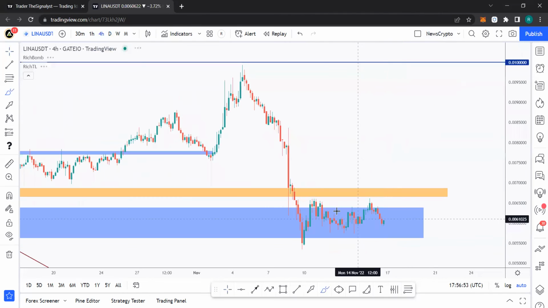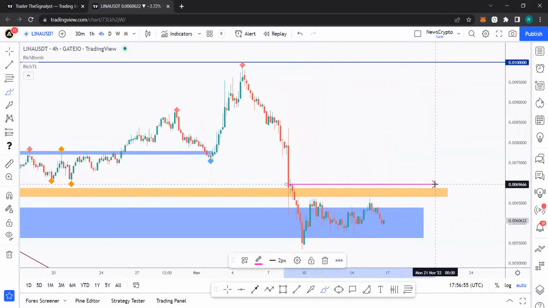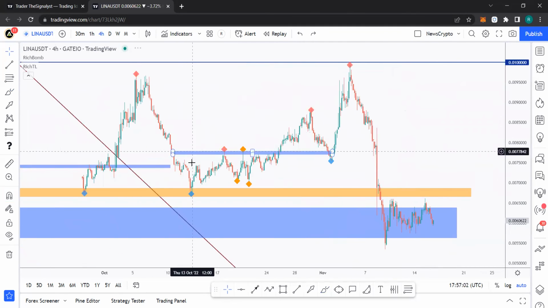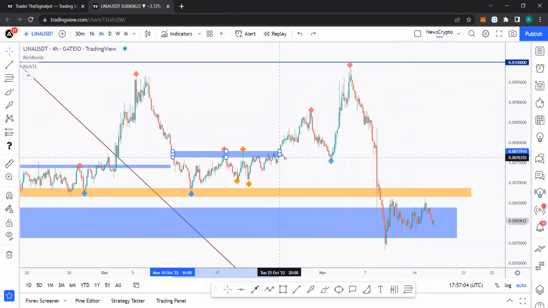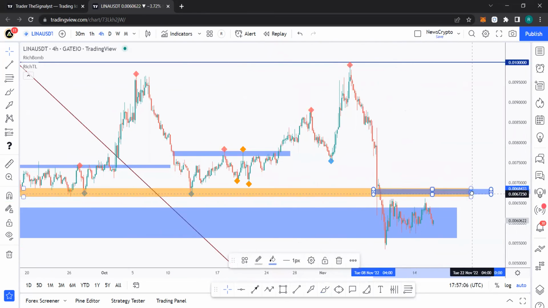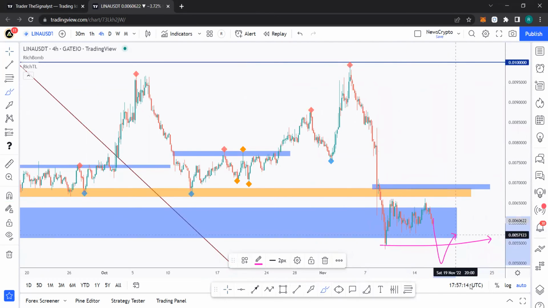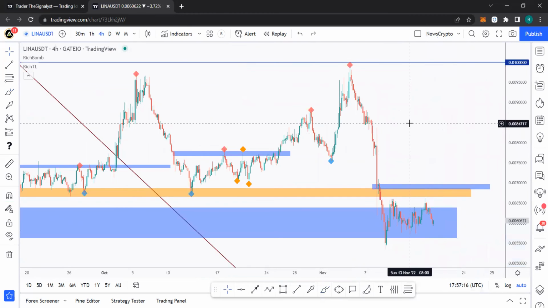So for the bulls to take over here, we need to see a break back above this area, which would be around 0.007. If we break it upward, we'll be expecting a bullish movement. The exact same thing we expected from these two. Meanwhile, we are bearish, of course, and if we keep on trading lower and break below this low, we will be expecting further bearish movement.